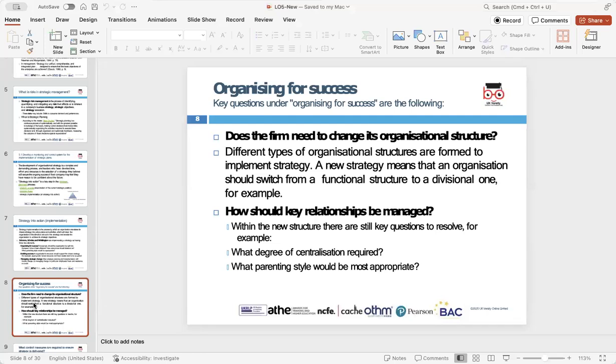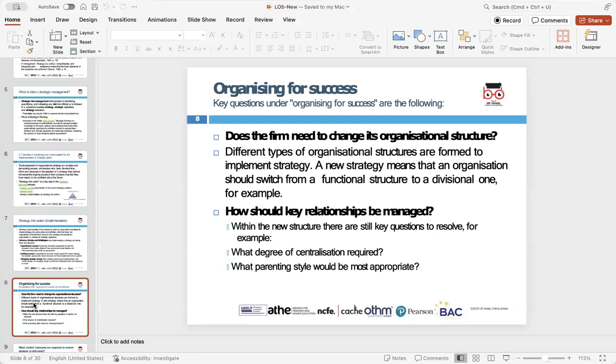For instance, a company may need to switch from a functional structure where departments are organized by functions, for example marketing and finance, to a divisional structure where divisions are organized by product lines or geographic regions.